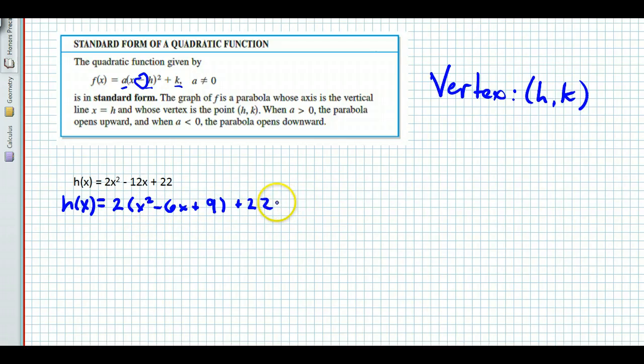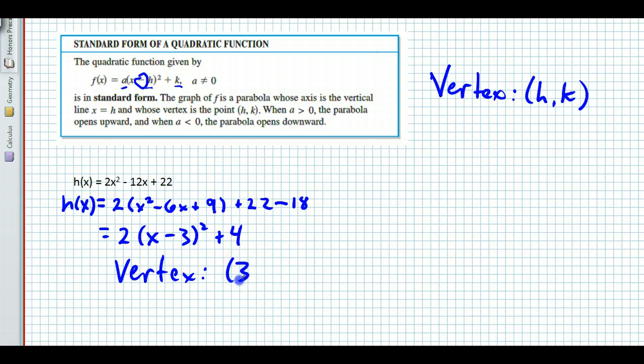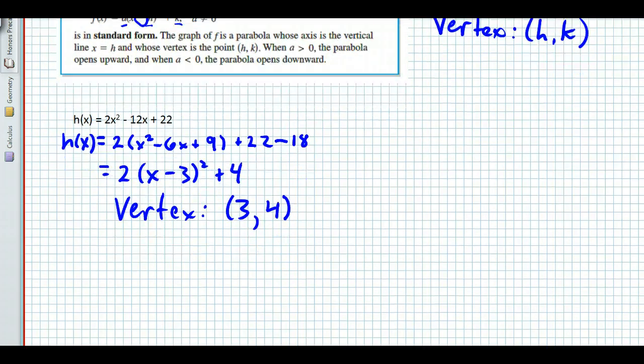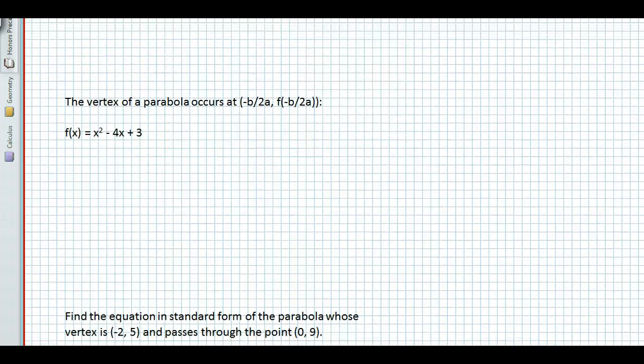To keep it balanced, I'm going to have to subtract 18. So I get 2 times x minus 3 squared plus 4. And so that means that our vertex is at 3, because remember it's x minus h, so h is positive 3, comma 4. So that's how you find the vertex from standard form.